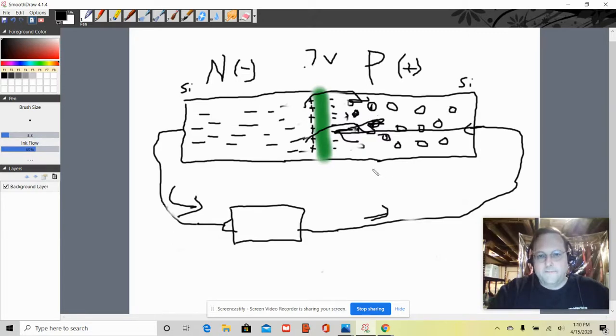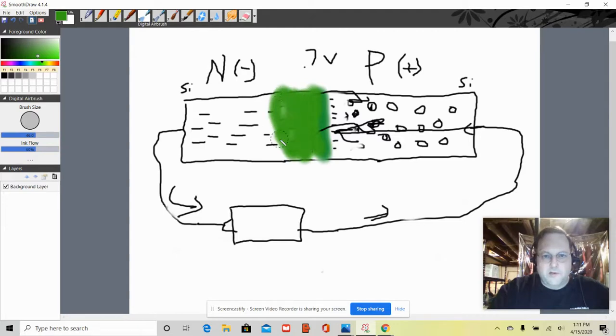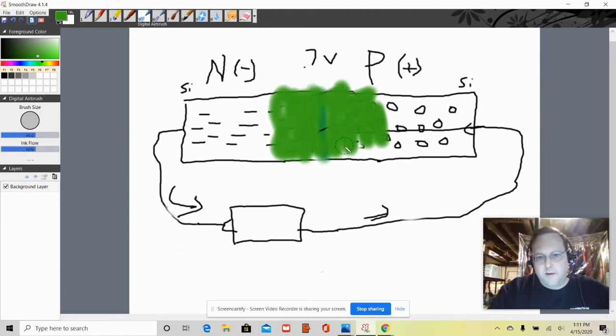Okay. And what ends up happening is the barrier gets increased, and it looks something like this. This barrier will become larger and larger, mainly coming back to the right here because you're filling up the holes.